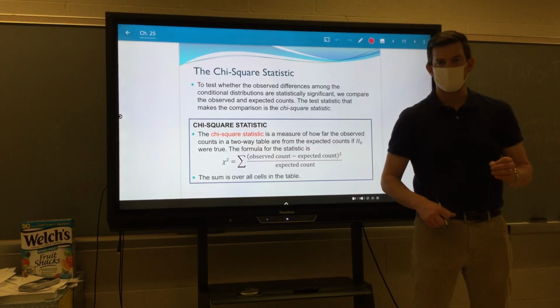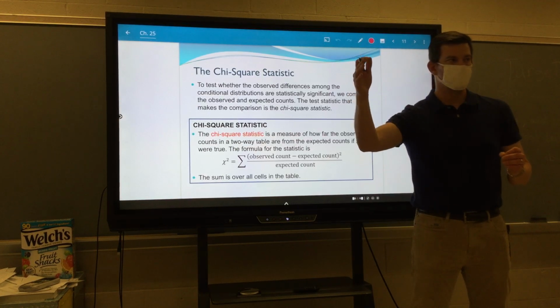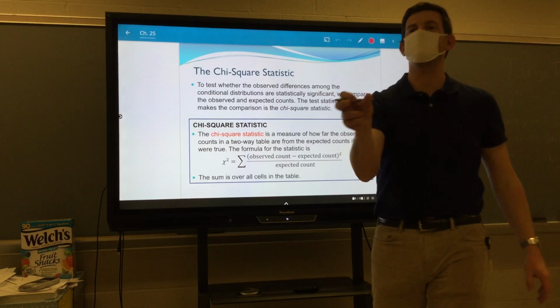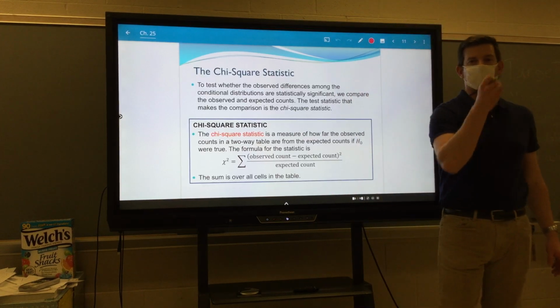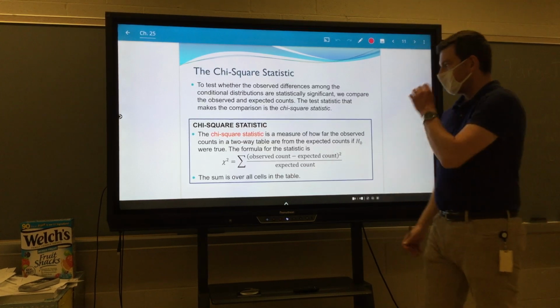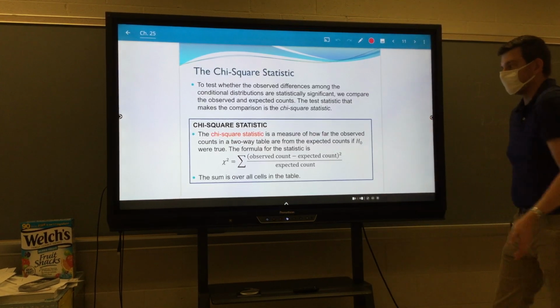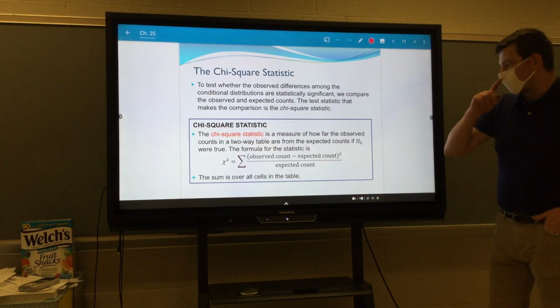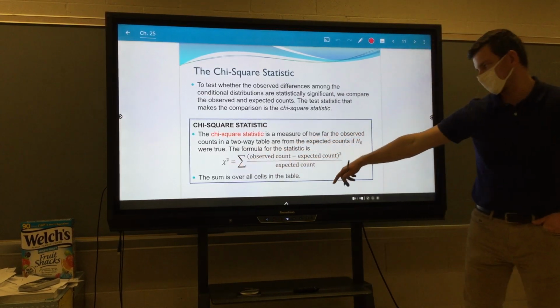We expected this, we got this. We have all of these differences. Instead of just a single difference between our sample data and our expectation, we now have, in this case, 20 different differences.